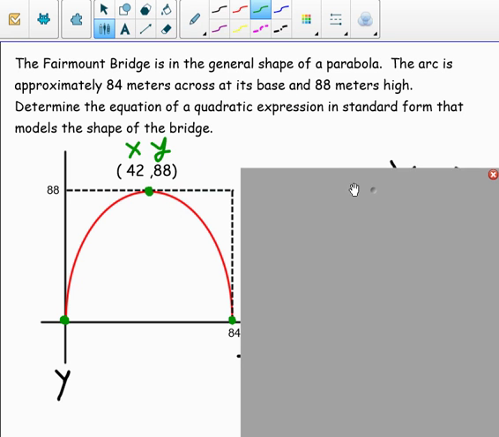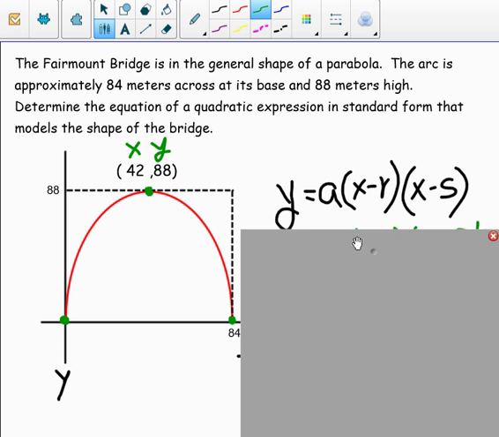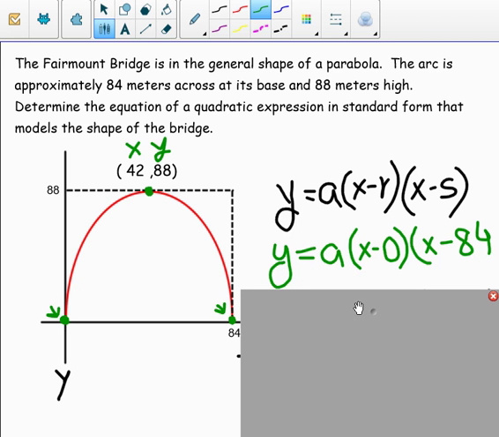First, we will start with our equation, the factored form equation we always use: y equals a, x minus r, and x minus s. We will put in the zeros, 0 and 84, not 42 and 88 right now. So y equals a, x minus 0, and x minus 84.